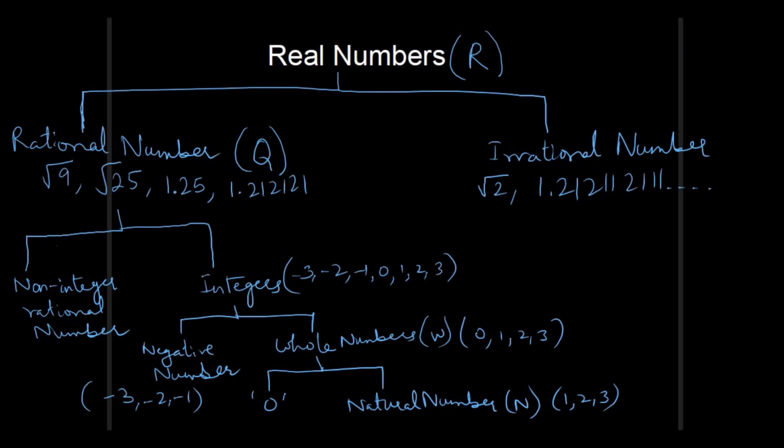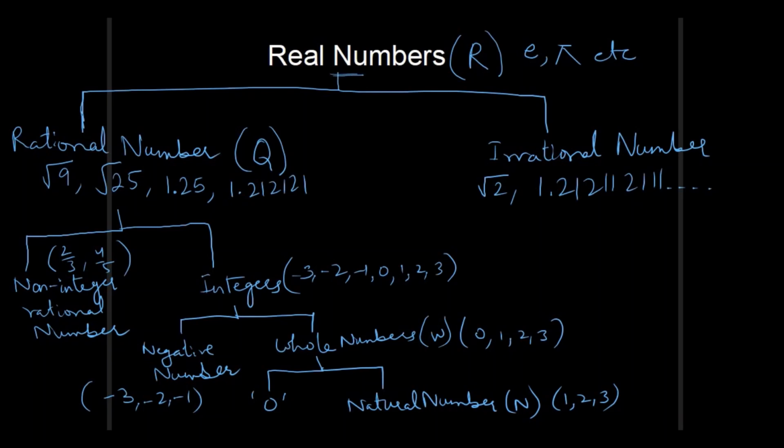Here the non-integer can be 2 by 3, 4 by 5, like this. And in the real numbers we have some additions, that is e, pi value, etc. So this all comes together and makes a real number.